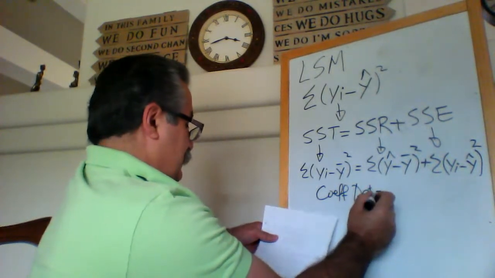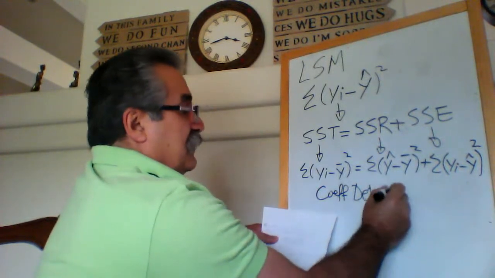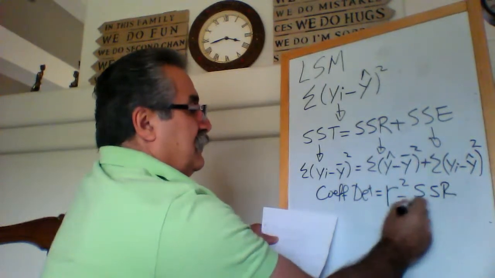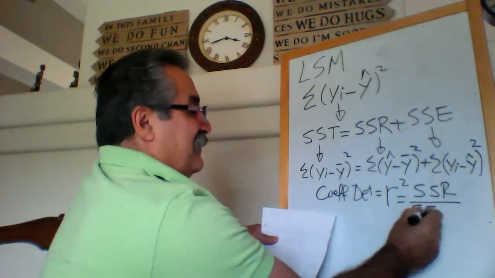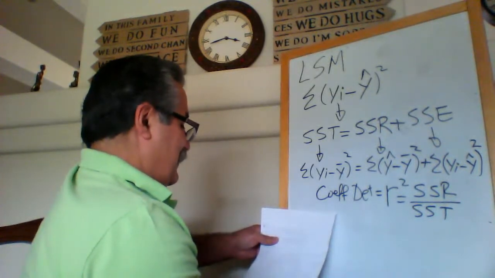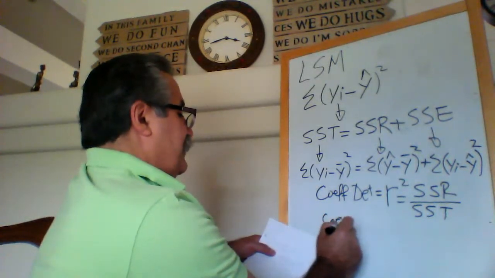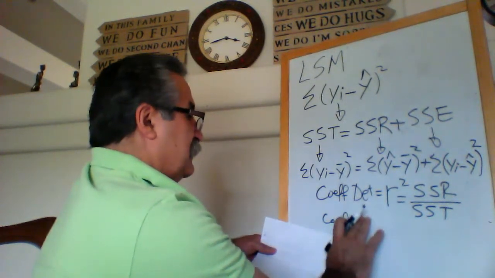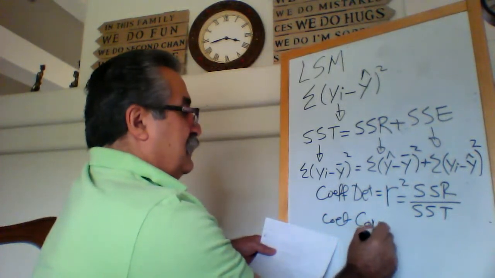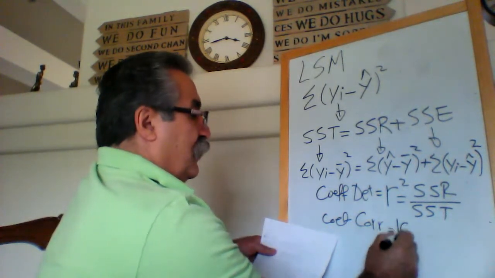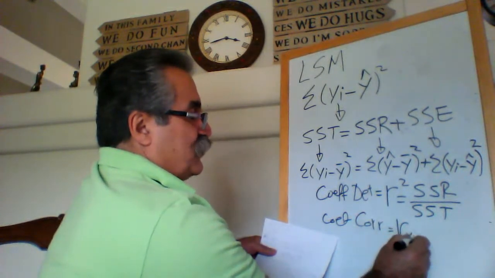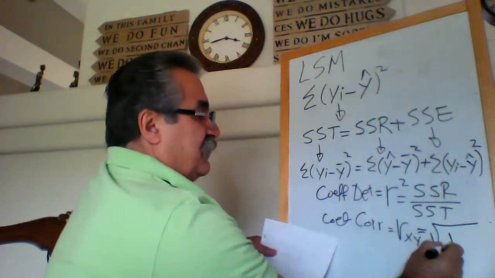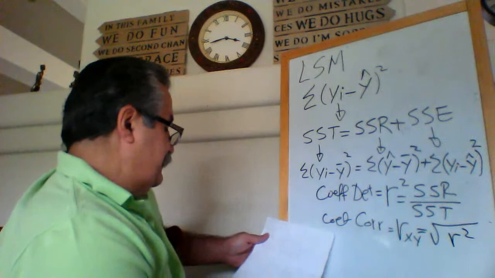that's equal to lowercase r squared, SSR divided by SST, and then coefficient of correlation, that's equal to r sub xy, which is equal to the square root of r squared.